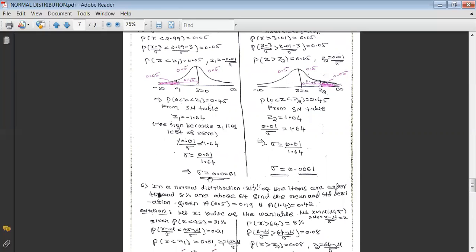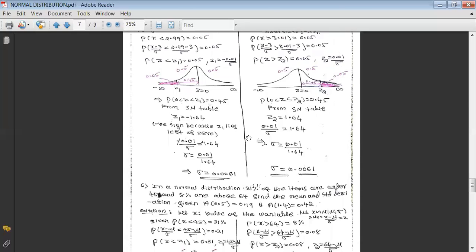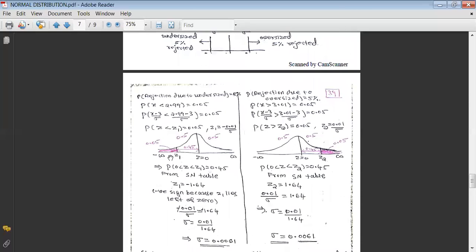Both will lead to the same answer, that sigma equals 0.0061. Here also it is 0.0061. This is the way to calculate the standard deviation. The only thing is that marking Z1 and Z2 is very important. Start with the worst situation: if Z1 is at the center, below that we get 0.5 probability.